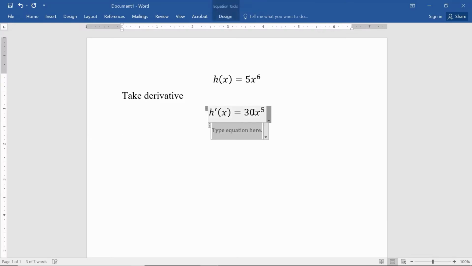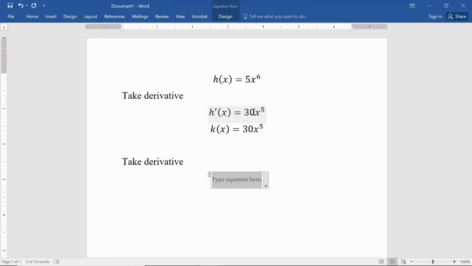Now, just for the sake of argument, if I called the derivative k of x, 30x to the 5th, then I can take the derivative of the function I obtained.